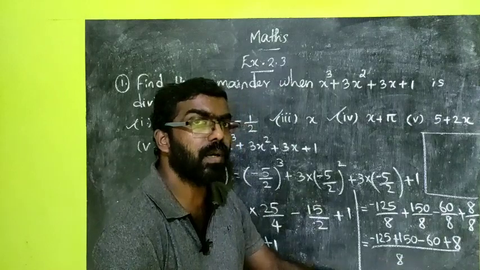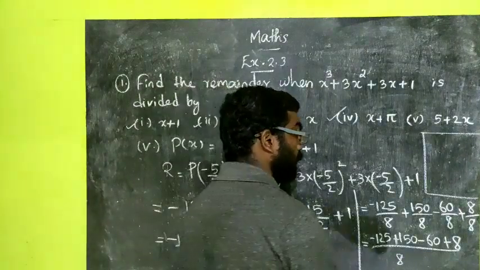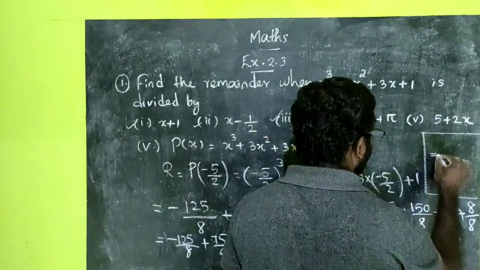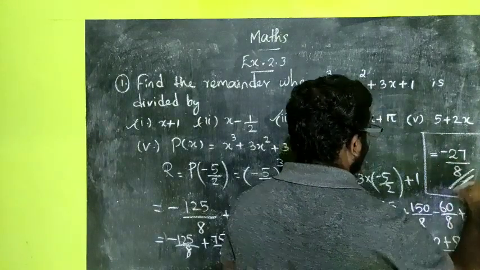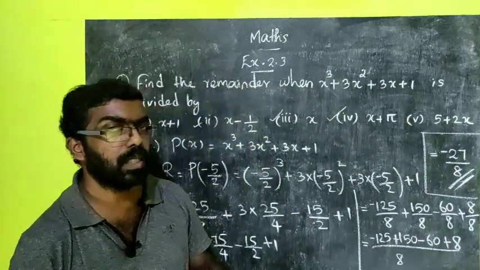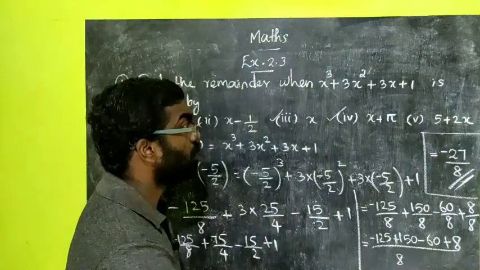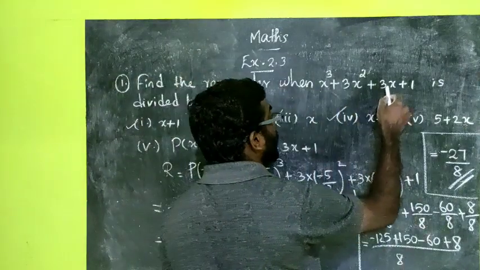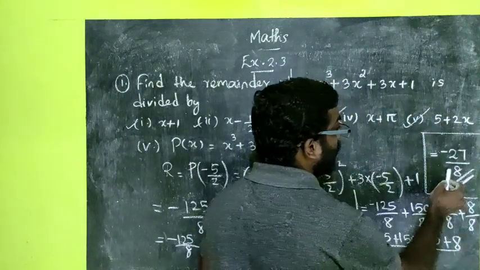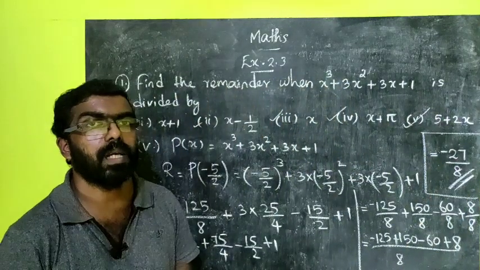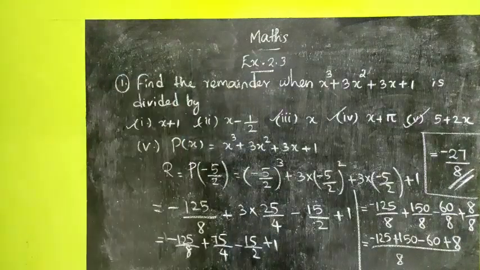What is minus 35 plus 8? Minus 27. So our final answer is minus 27 by 8. Okay, the remainder obtained when dividing the polynomial x cube plus 3x square plus 3x plus 1 by the polynomial 5 plus 2x is what? Minus 27 by 8. Understood?